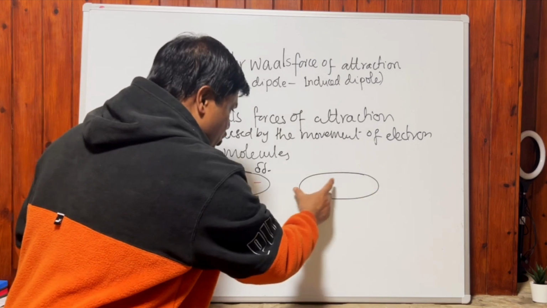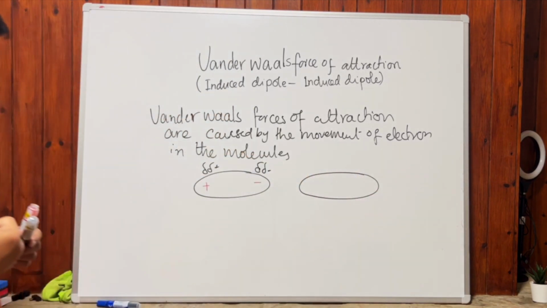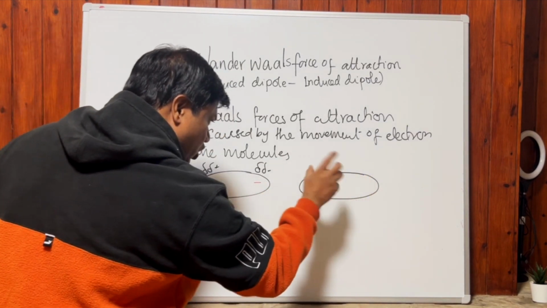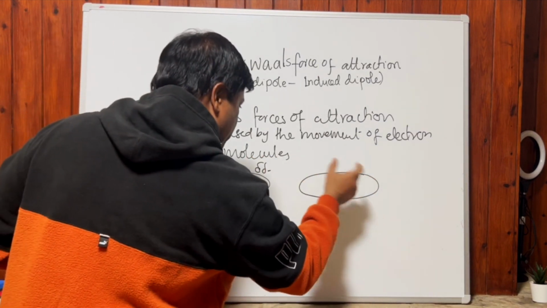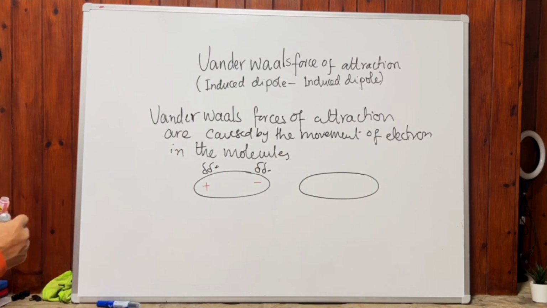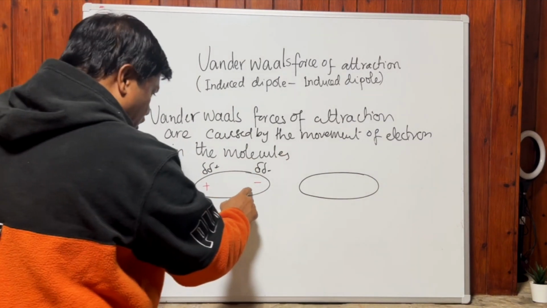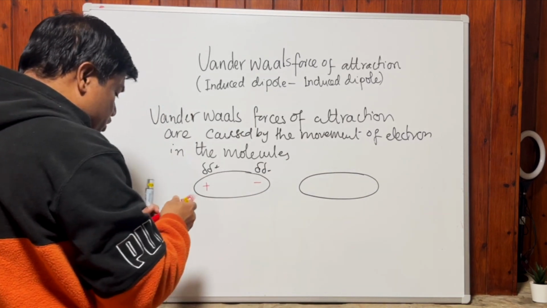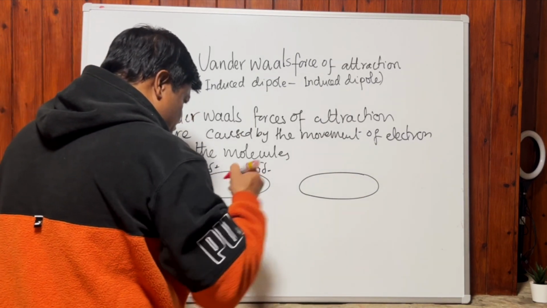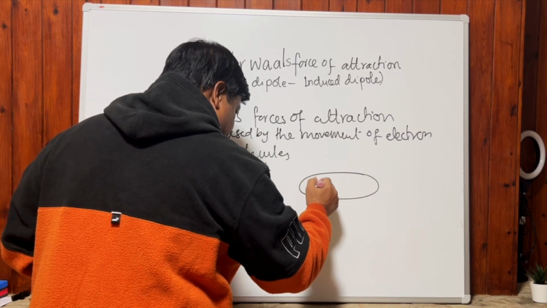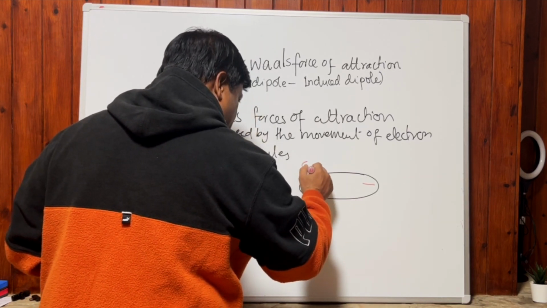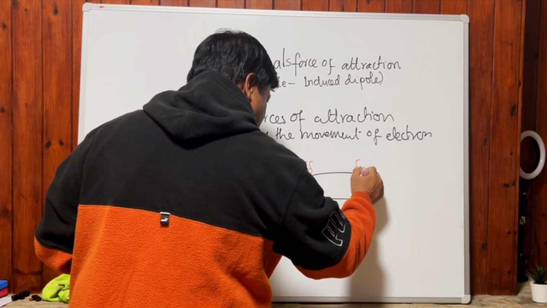Suppose this molecule is coming close, and because of this charge distribution, this molecule oscillates, it rotates. That oscillation of the molecule induces a dipole in another molecule, a weak dipole. This becomes positive and that becomes negative. So it's a very weak partial positive and partial negative.